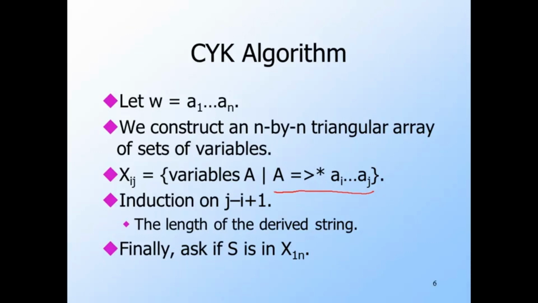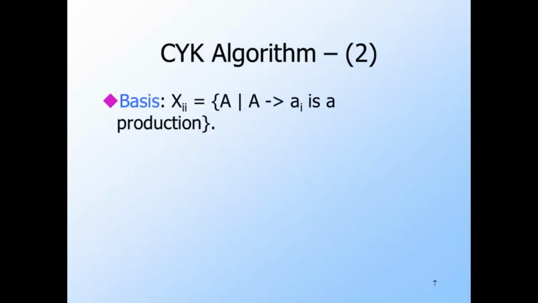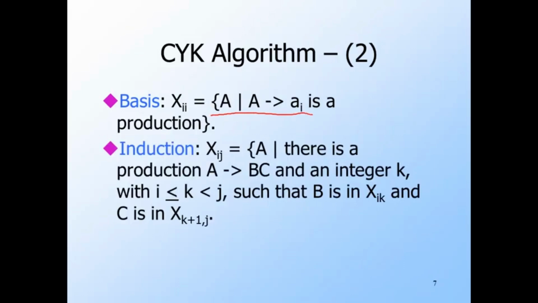For the basis, we know that the only way to derive a string of length 1 in a CNF grammar is to use a production whose body is a single terminal. So for each i, we can set X_ii to the set of variables A such that A goes to a_i is a production. For the induction, where j is strictly greater than i, we can compute X_ij from X's representing two substrings of a_i through a_j.